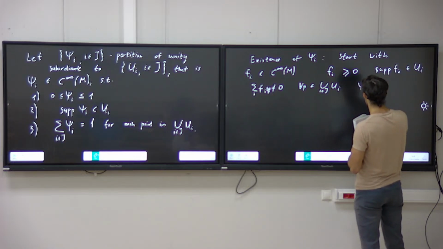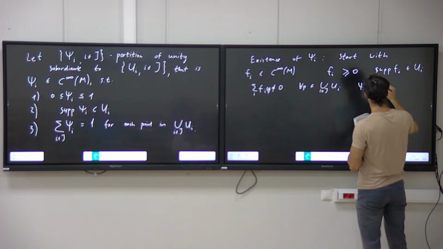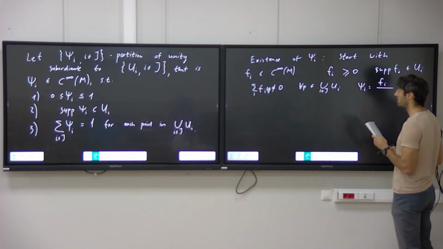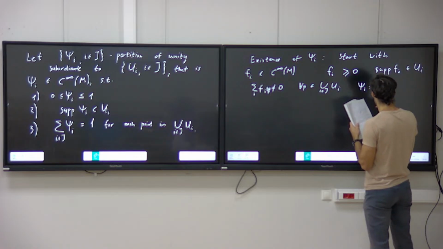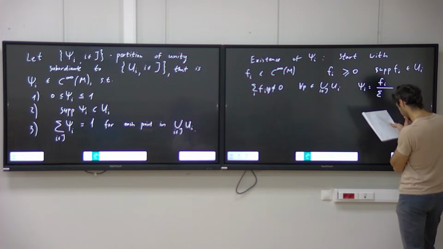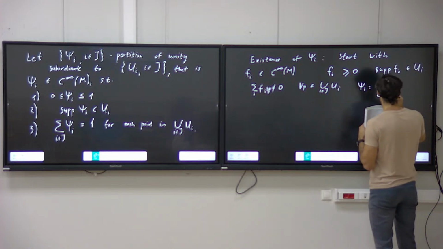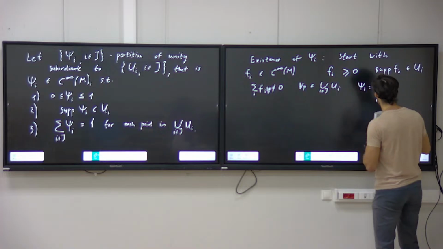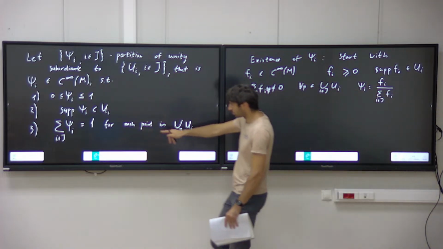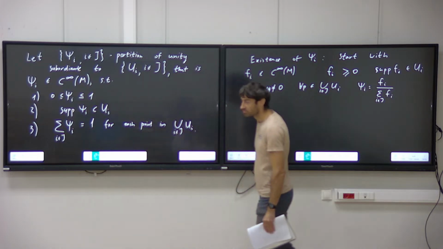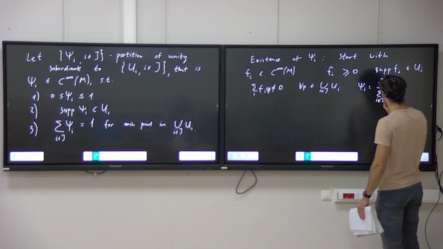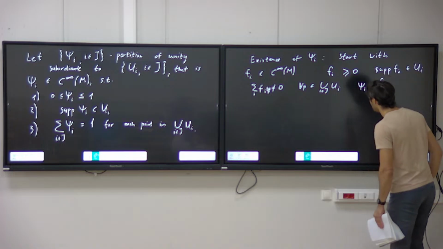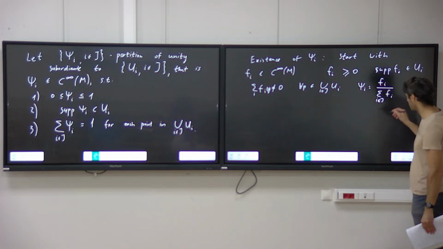And then psi I you just define as f I divided by the sum of f J over J, to satisfy this property. And that's how you construct this psi.